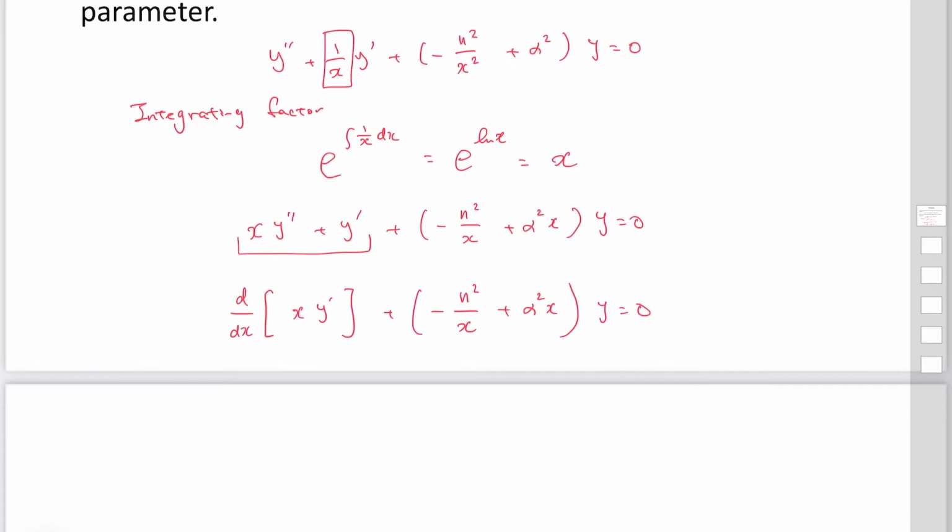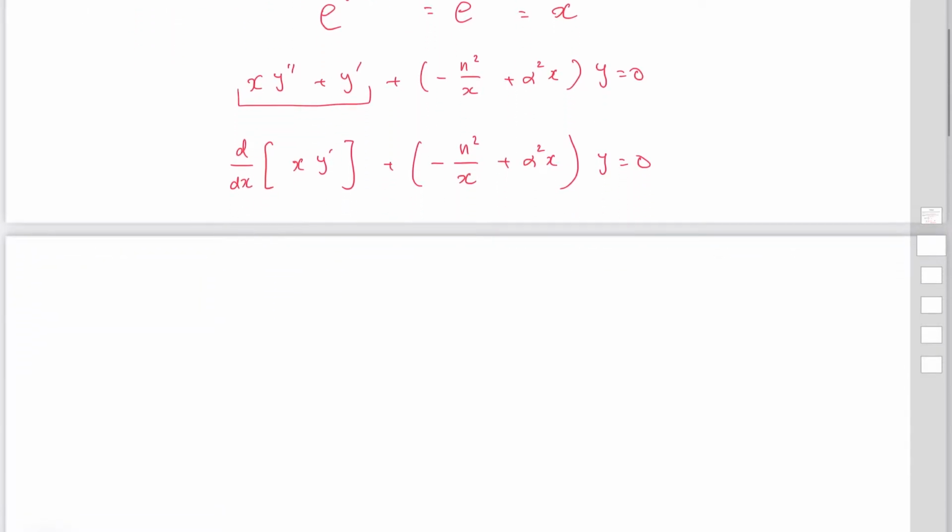So by looking at this form of the equation, you can easily find r is x, and q corresponds to minus n squared over x.